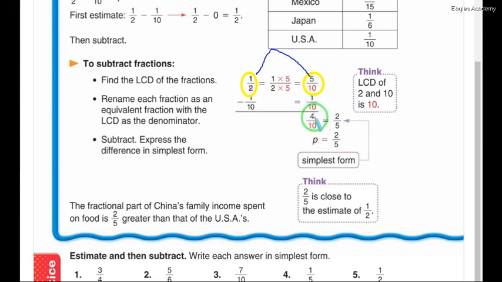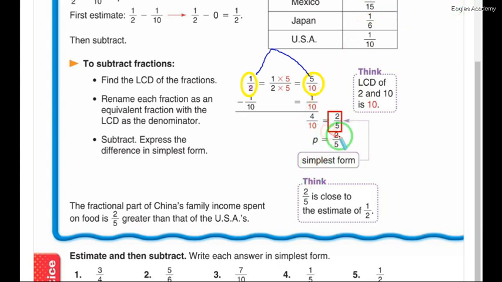4 out of 10, we can divide both numerator and denominator by 2. 4 divided by 2 is 2, and 10 divided by 2 is 5. So your final answer is 2 out of 5.